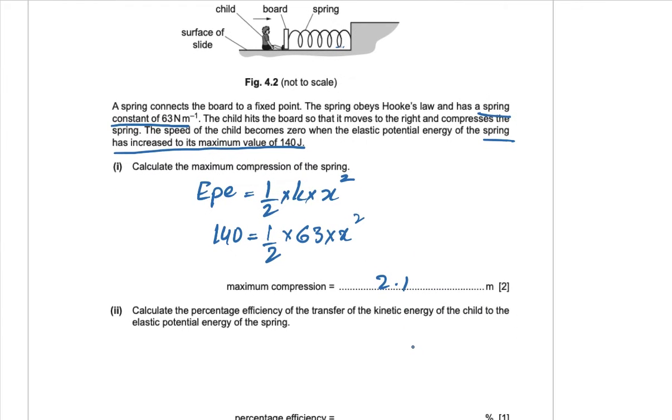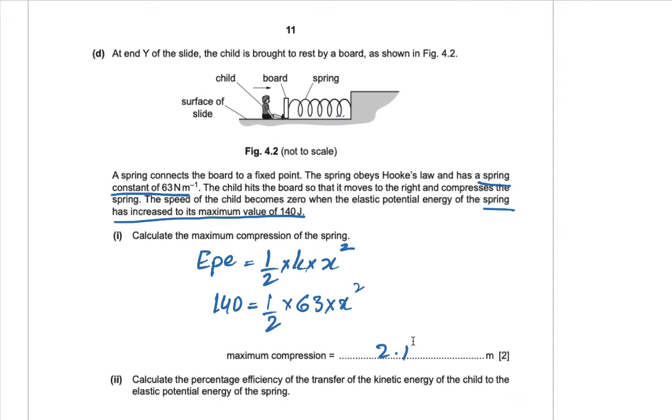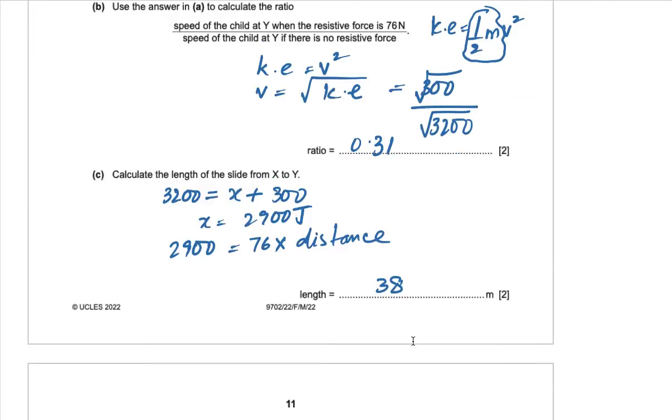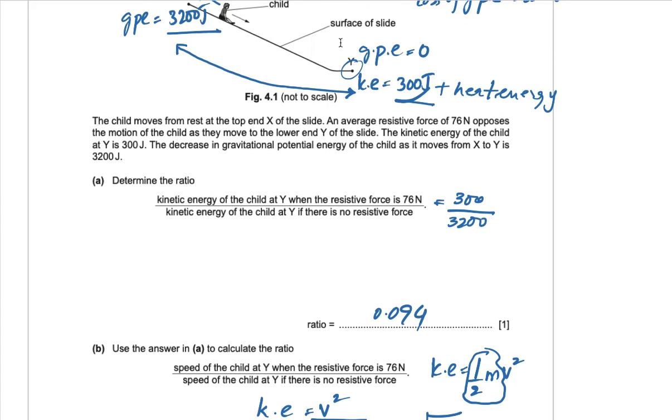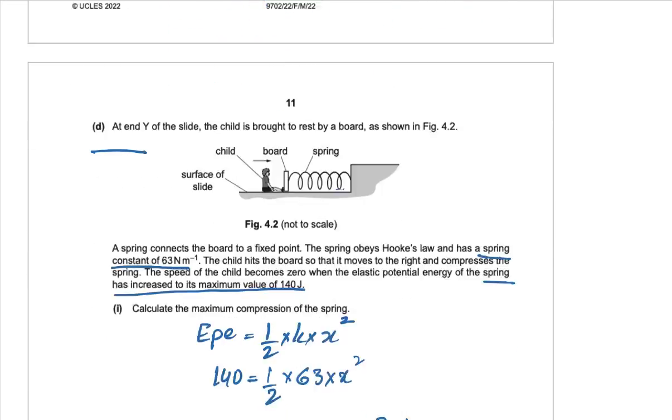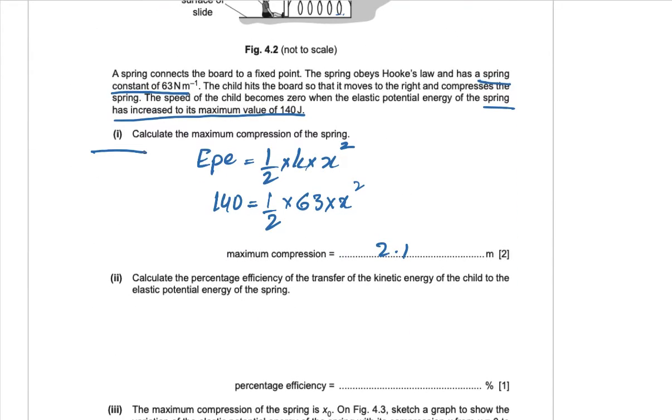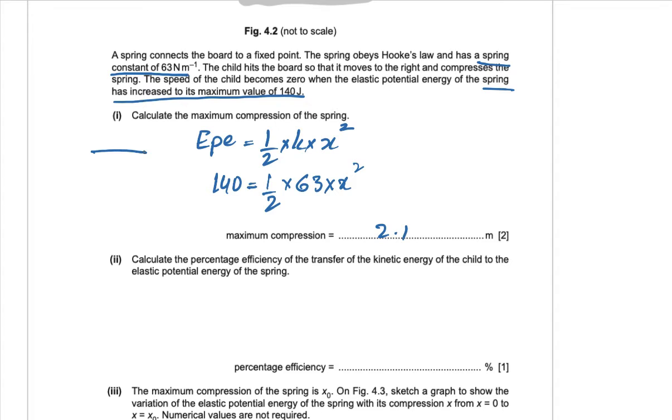Part 2, calculate the percentage efficiency of the transfer of the kinetic energy of the child to the elastic potential energy of the spring. The kinetic energy that the child possesses just before reaching point Y was 300 joules from the last part. Just before it reached point Y, it had a kinetic energy of 300 joules.